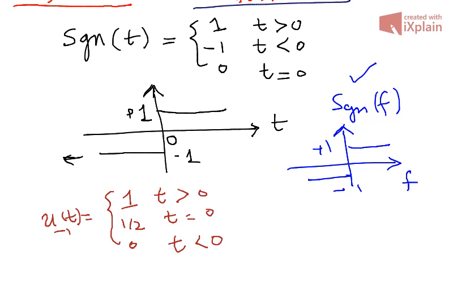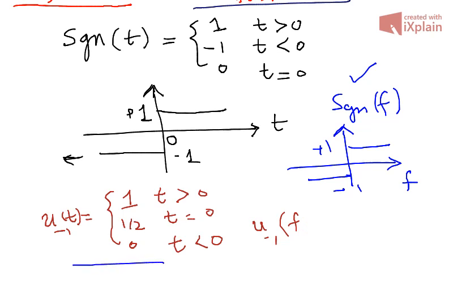You can define a similar unit step function for the frequency domain. Only instead of t you will have f, right? So you can have the unit step function in the frequency domain as well. We will be using it, and you can define it for the f axis. Its definition would be the same as this one.